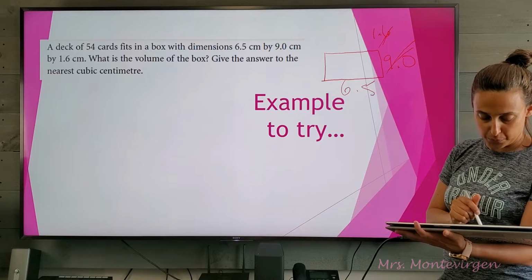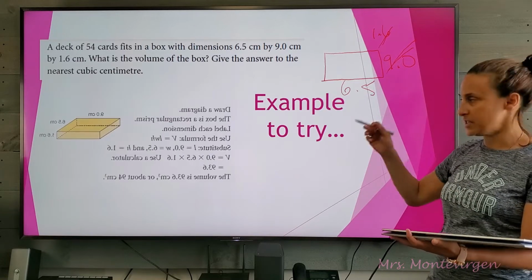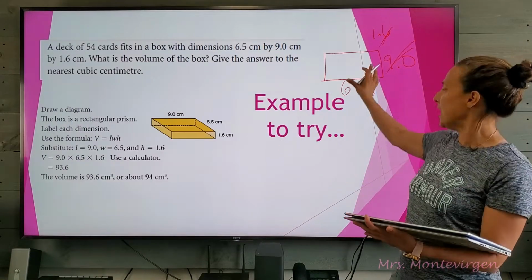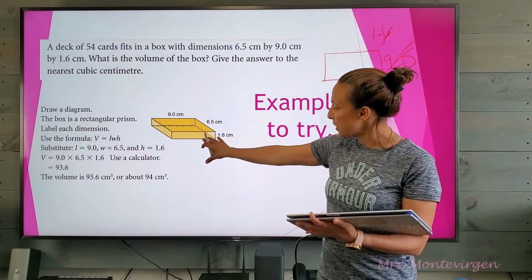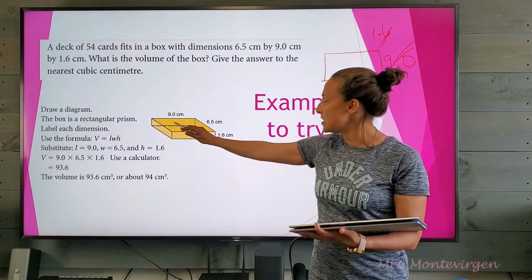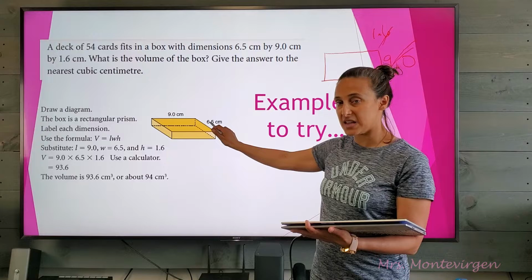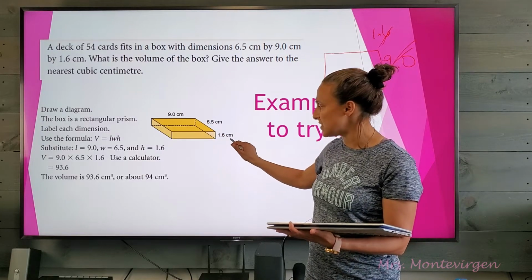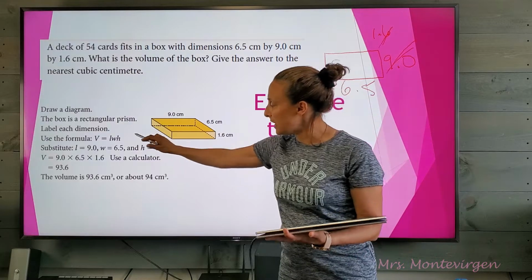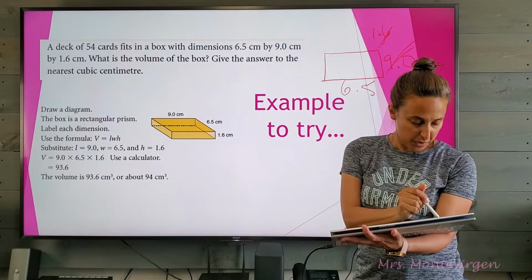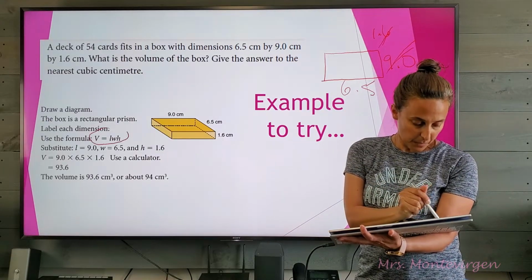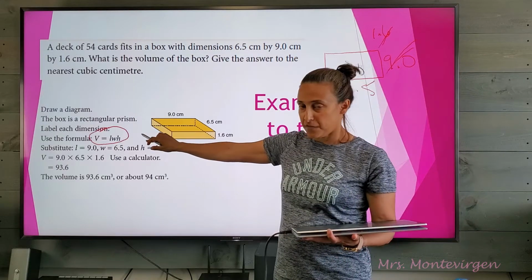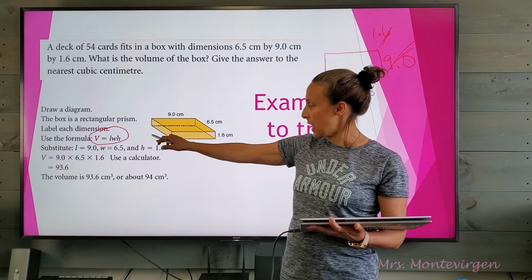Now let's go through the example, because in our textbooks they draw it way nicer than what I have here. So here's the shape. They have the 9 by 6.5 centimeters, and then they have the height of 1 6/10. The formula they have here, I'm going to circle it. That's still line 1: volume equals length times width times height.